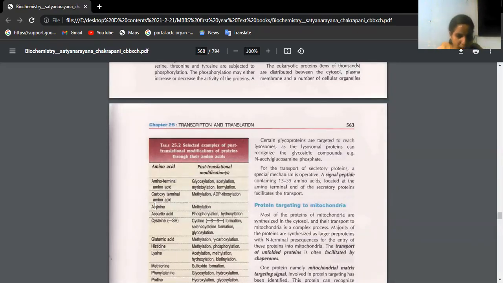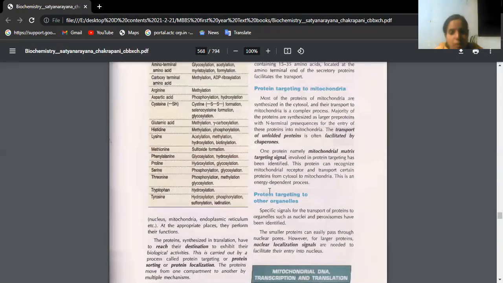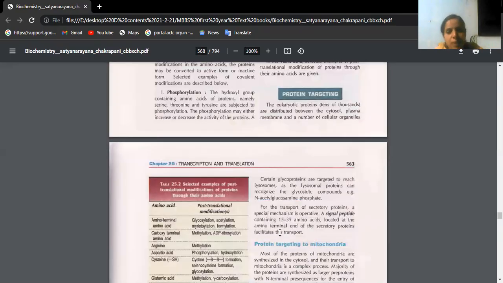Arginine undergoes methylation, proline hydroxylation, methionine sulfoxide formation, lysine acetylation, cysteine cystine formation. Pick 5 easy ones and give the table so that your answer looks complete.